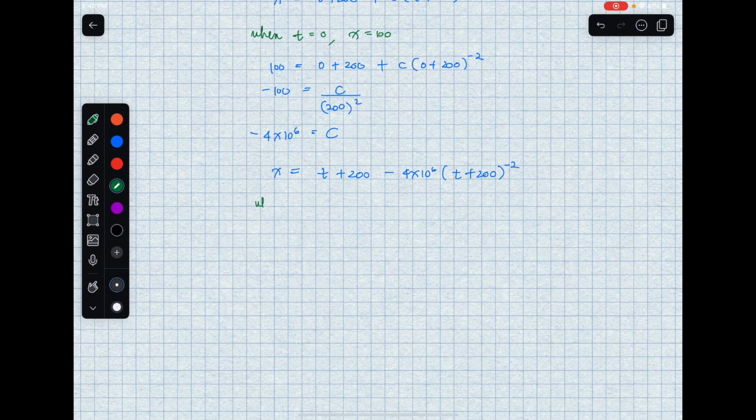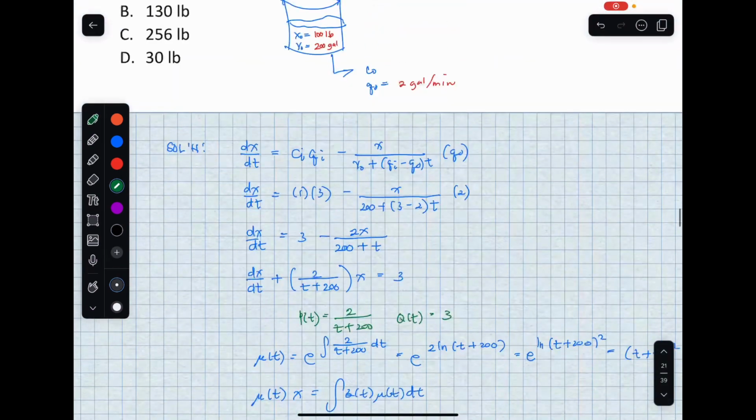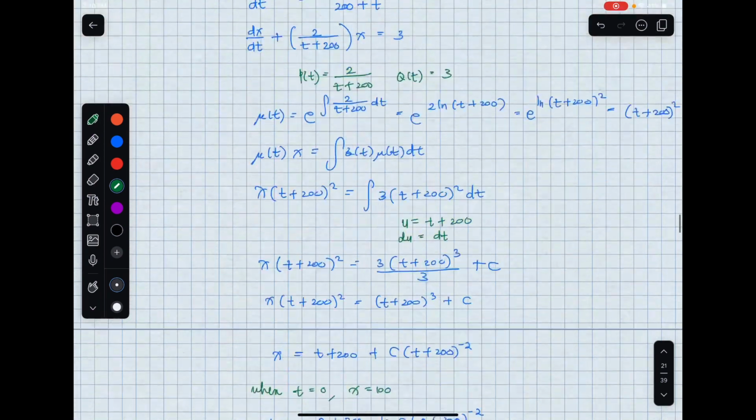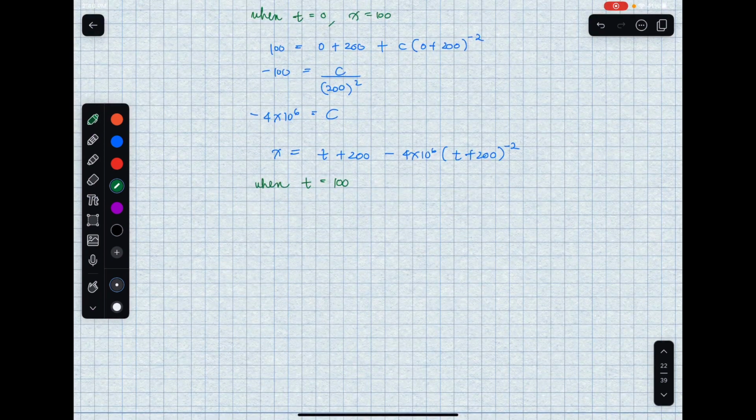So finally, when t is 100, after 100 minutes, what would be the amount of salt? x is 100 plus 200 minus 4 times 10 raised to 6 times 100 plus 200 raised to negative 2.